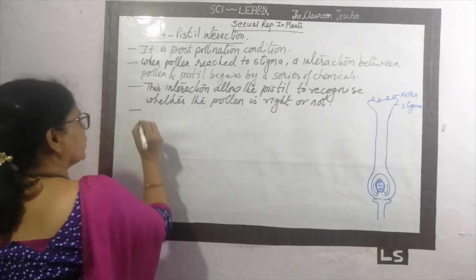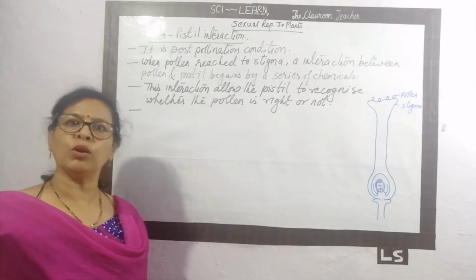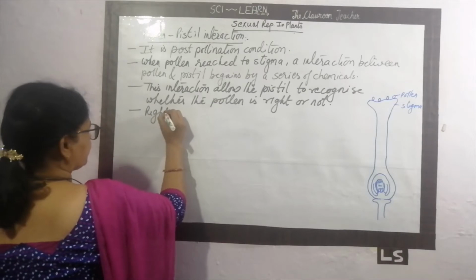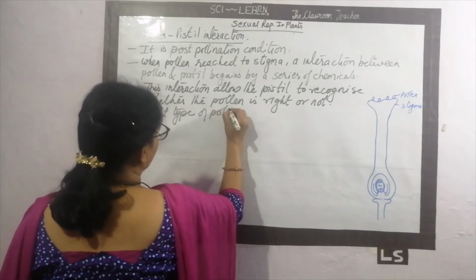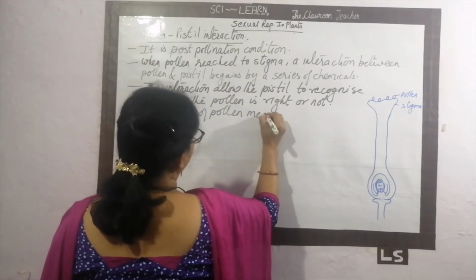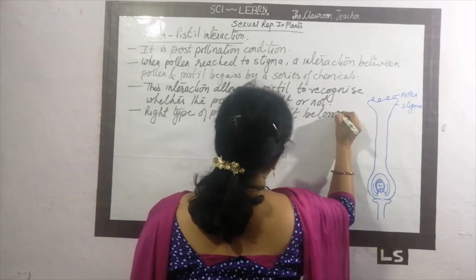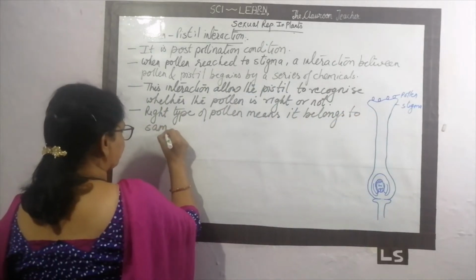Now, what is the meaning of the right pollen? Right type of pollen means it belongs to the same species.